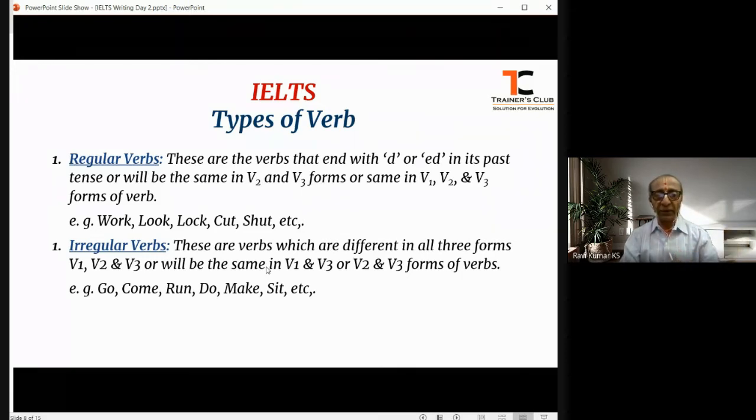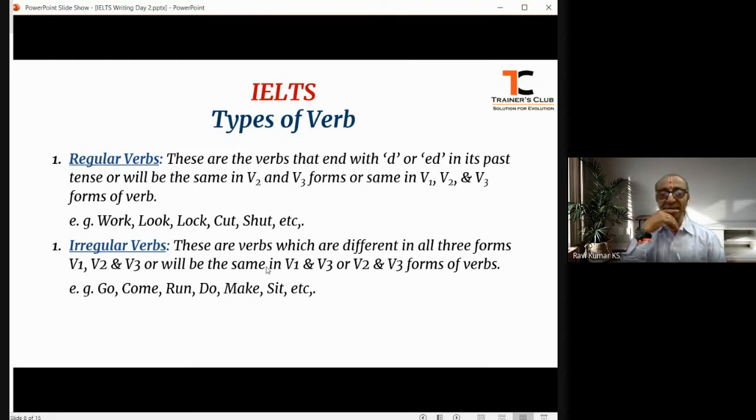So for example, go. When we use the verb go, in the past tense, that is V2, we say it as went. Go, went. The third form, that is V3 form, that is the participle form, it becomes gone. Go, went, gone. All the three are different.